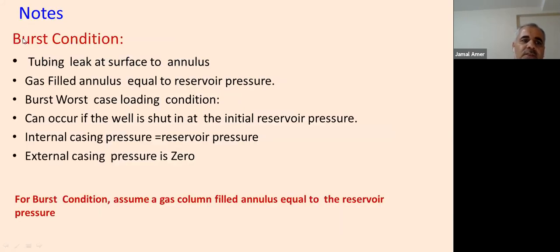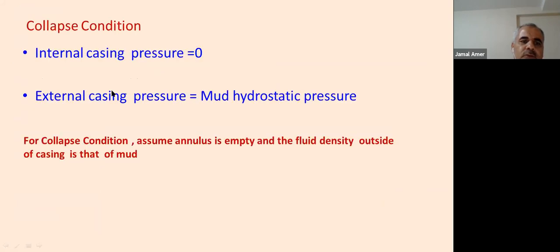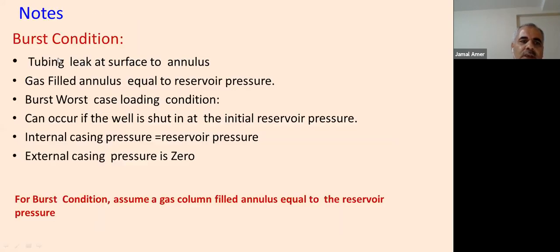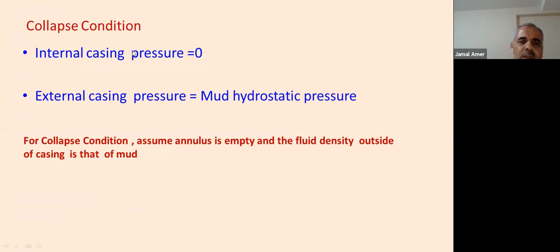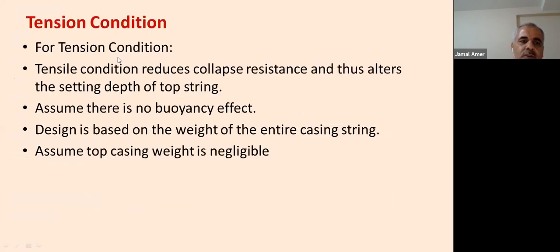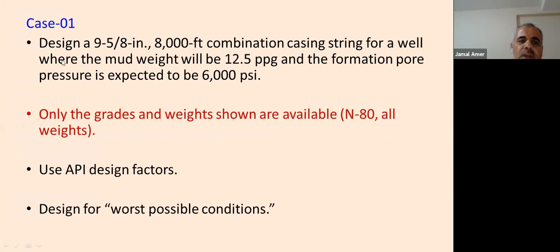So here we have some notes before going to examples. We have burst condition, worst scenario we'll calculate. Here we have collapse condition, tension conditions. Then we have casing number 1. They give us data for one well.